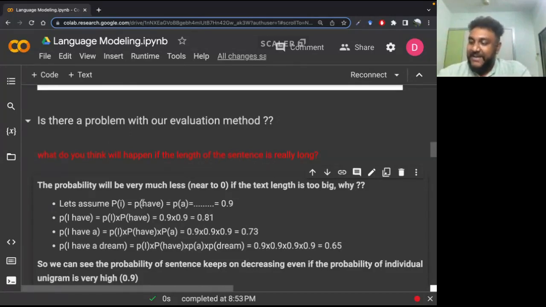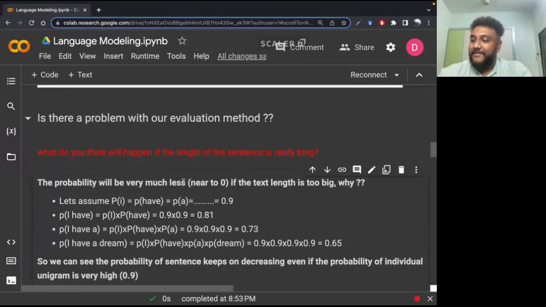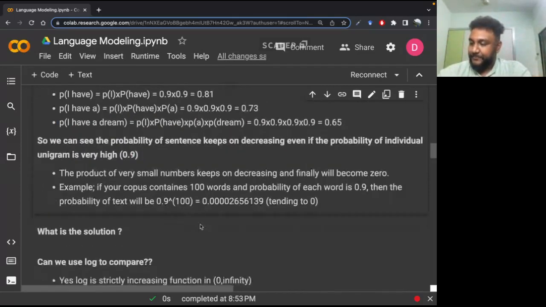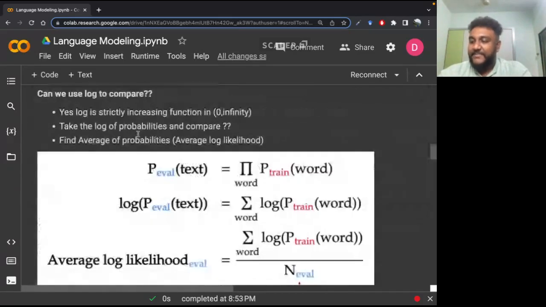So generally, we have to take care of this problem where we equalize the probability of the more important sentences, which could be longer, right? So the way we do that is we go for log. So the gap between long sentences and short sentences is reduced. So now it will try to give you an optimal length sentence. It will not try to make the sentence too long.